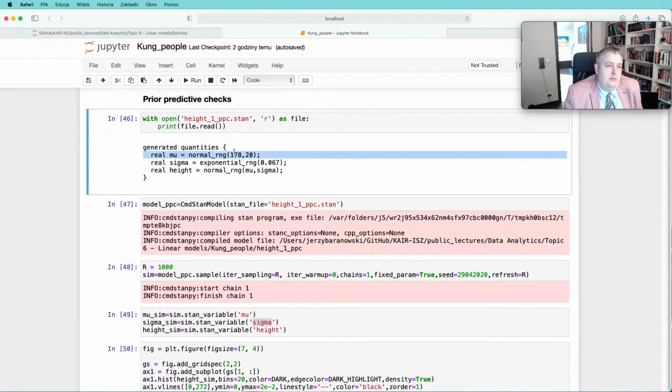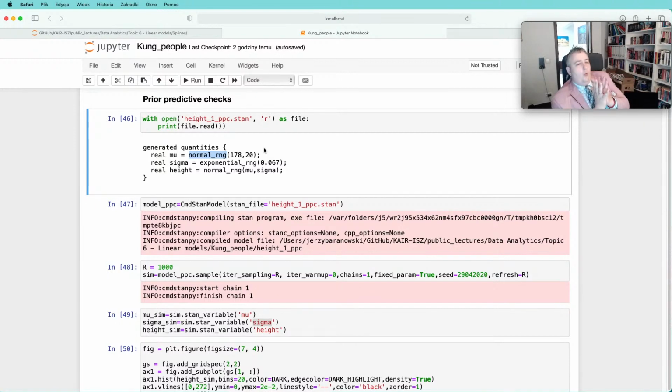Oh, maybe some discussion of prior selection. We are sampling from the mean. Let's say we do not have any idea of the height of these people without any knowledge.